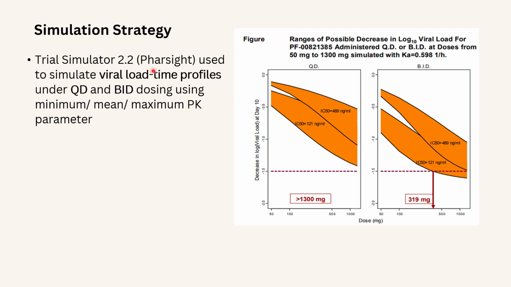Trial Simulator 2.2 was used to predict the viral load time profile under once daily QD and twice daily BID dosing across a dose range of 50 to 1300 milligram, using minimum, mean, and maximum PK parameters estimated on the previous slide.